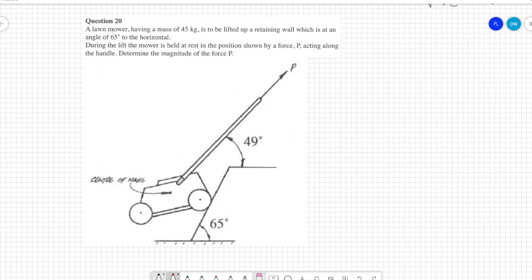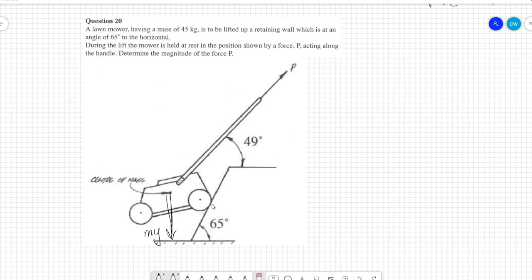So what are all the forces? Of course, there's one downwards, mg. Then there is a normal force at this wheel, because the wheel is leaning against the slope.